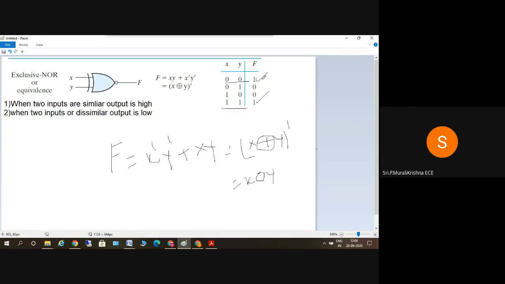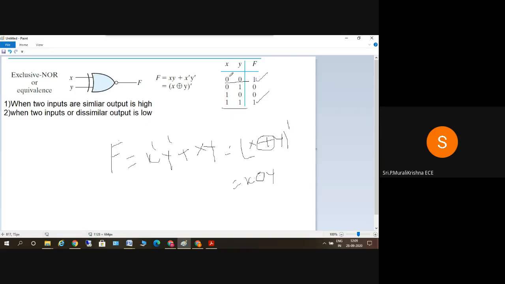For truth tables, what we have to check initially is the output which is equal to 1. We have to add the outputs which are equal to 1. This has 1 and this has 1, and we have to add the inputs which are responsible for making this output 1.